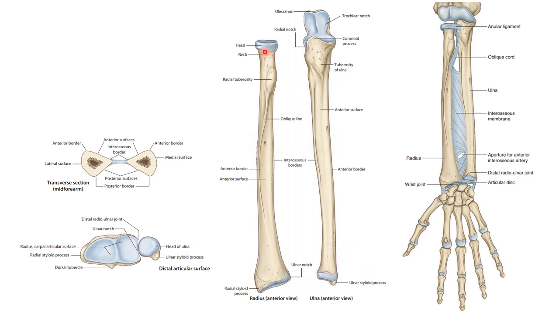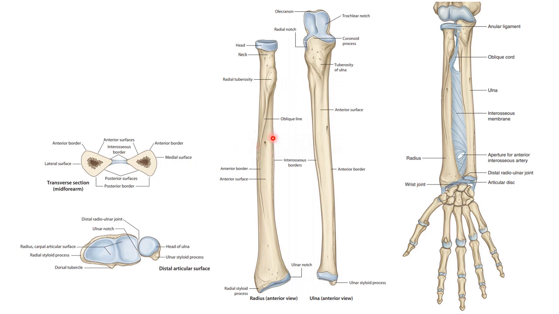As for the radius, we have the head of the radius and a narrow neck, and the head articulates with the radial notch on the lateral aspect of the coronoid process. Here we have the radial tuberosity for the insertion of biceps brachii, and we also have a triangular shaft when we have a cross section.